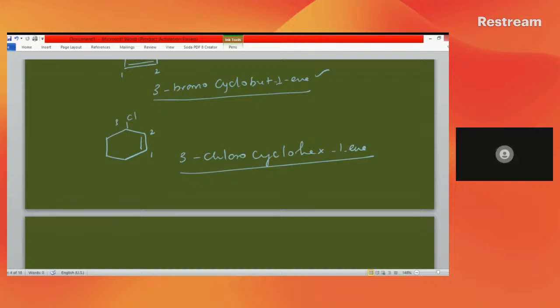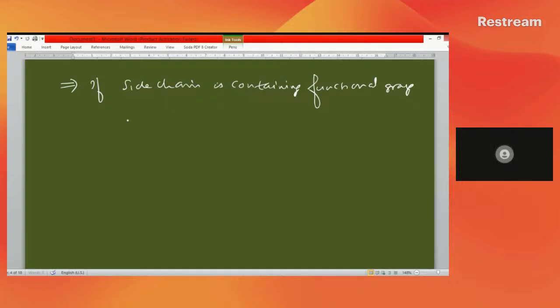We will be having the functional group in the side chain, the other rule. If the side chain is containing a functional group, then the cyclic structure is treated as a branch. It must be treated as a branch.